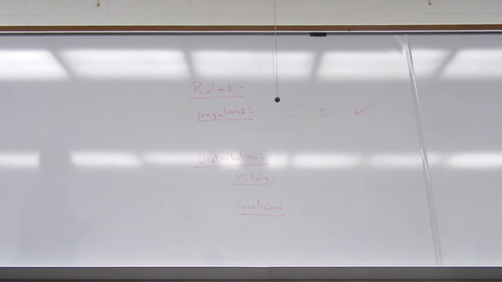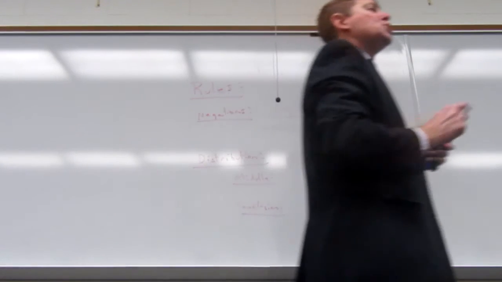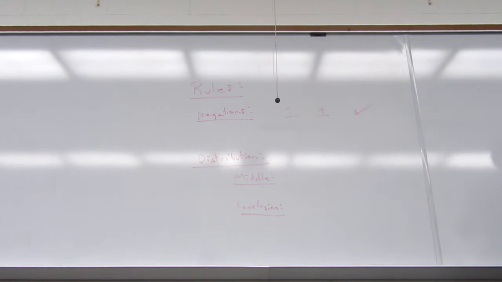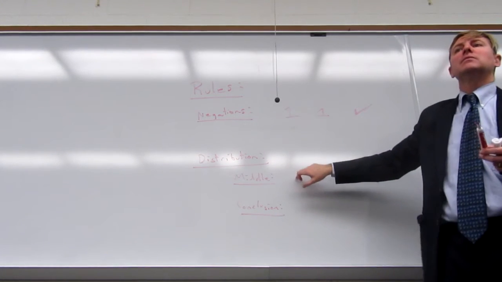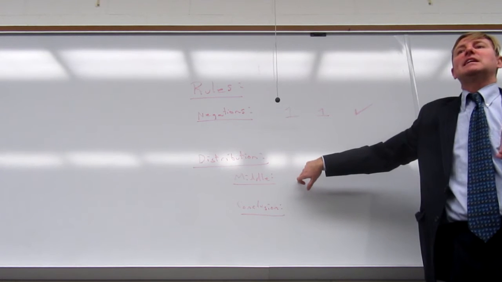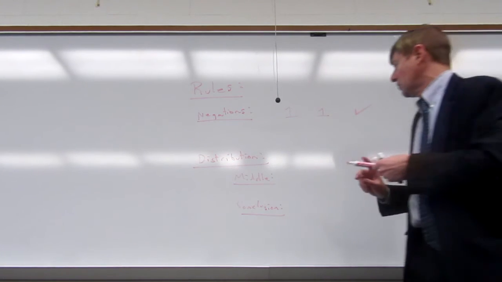Does the middle term distribute? If you got an E statement as one of the premises, you know that it won't break this rule. Why? For those of you who were here for the lecture, you remember that E statements distribute both the subject and the predicate. Because one of these is necessarily going to be the middle term, you know that any syllogism that has an E statement as a premise will distribute the middle term.